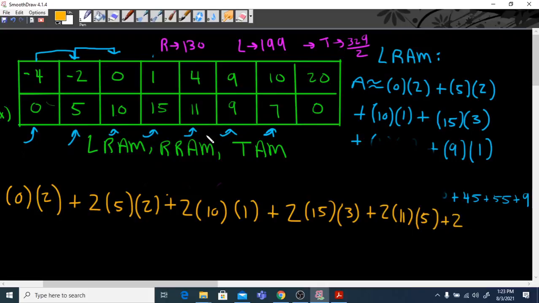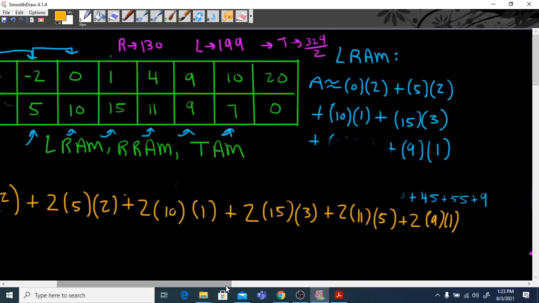Plus, middle term gets a 2. 9 times 1. Plus, middle term gets a 2, times 7. And then 10 to 20, that's going to be a 10.